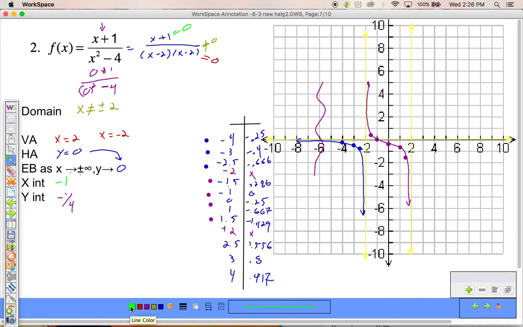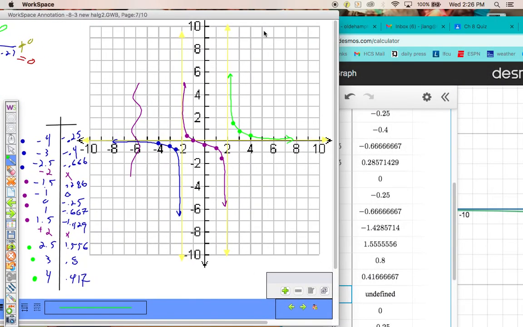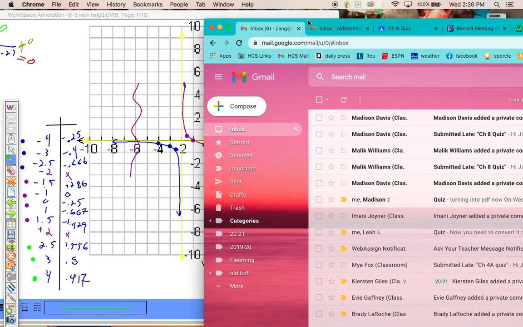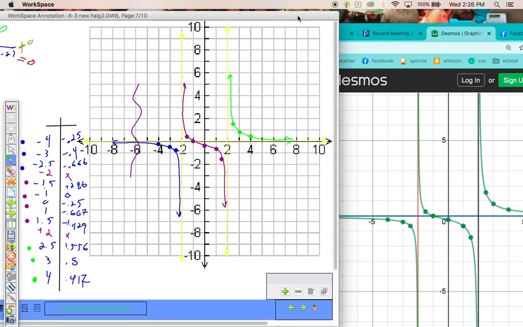Then lastly, my third piece. 2.5, 1.556, 3.8, 4.4. And if I look at these two graphs, yeah, they look close enough.